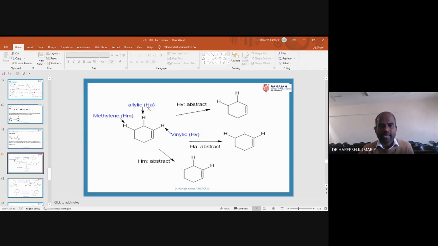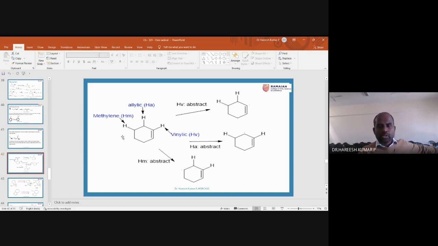Allylic proton, HA. Vinylic proton, HV. And this proton is called methylene proton, CH2. So what is the name of this compound? Cyclohexene. Cyclohexene contains vinylic proton, allylic proton, and methylene proton.